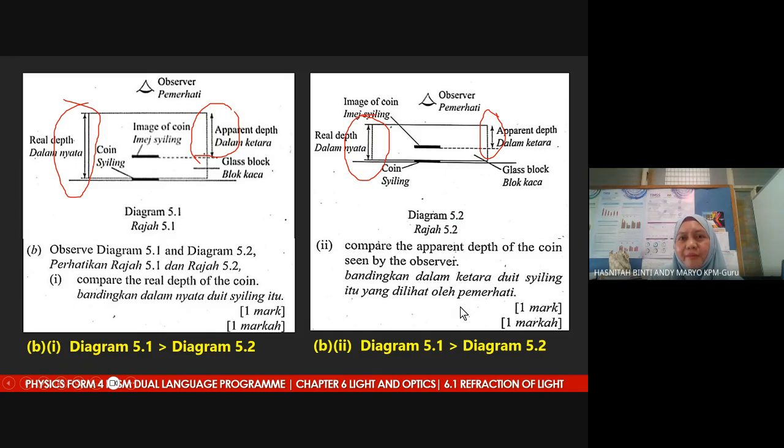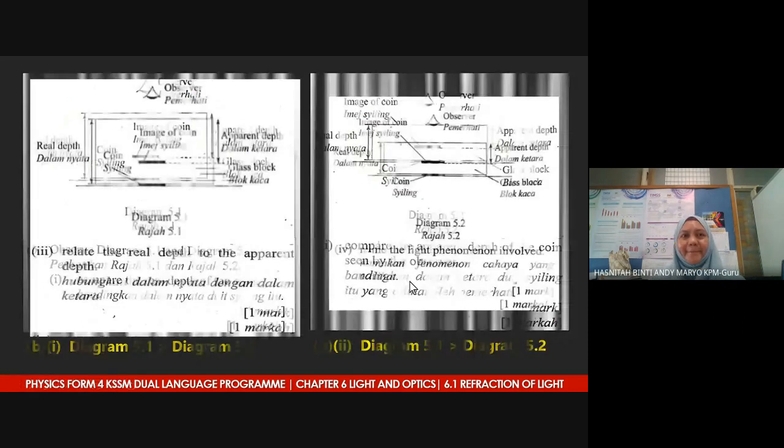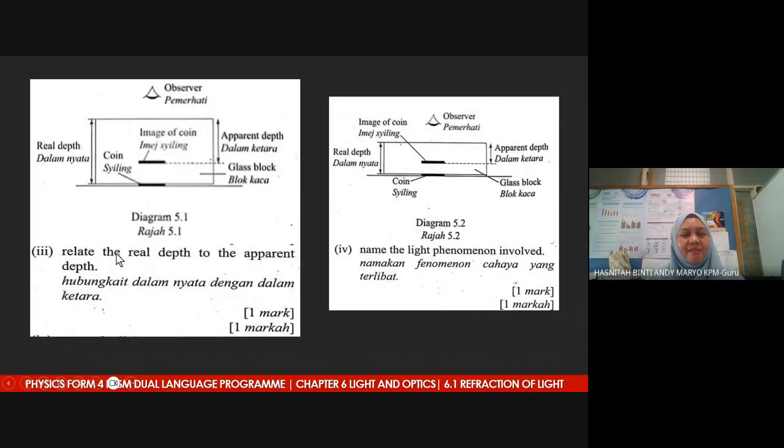I hope you remember it now because during the exam last time, most of you made a mistake here in question number 11. You just wrote diagram 11.1 greater than 11.2, which is wrong because you didn't include the parameter as well. Okay, then third, relate real depth to apparent depth. So how do we relate real depth to apparent depth?